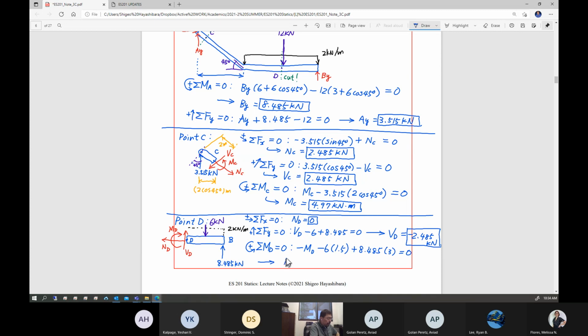This is going to give you the internal bending moment developed at D, 16.455 kilonewton meter.